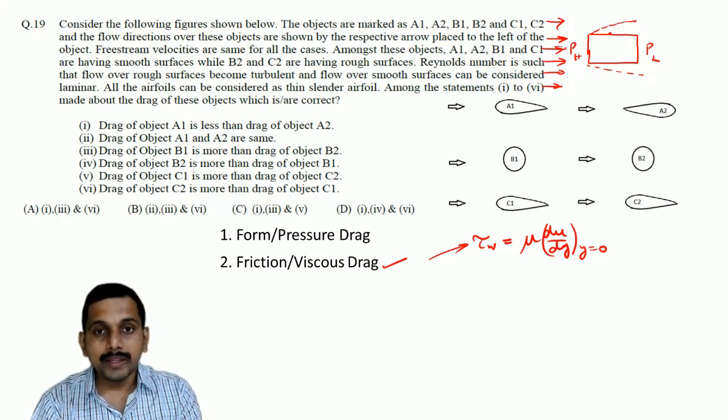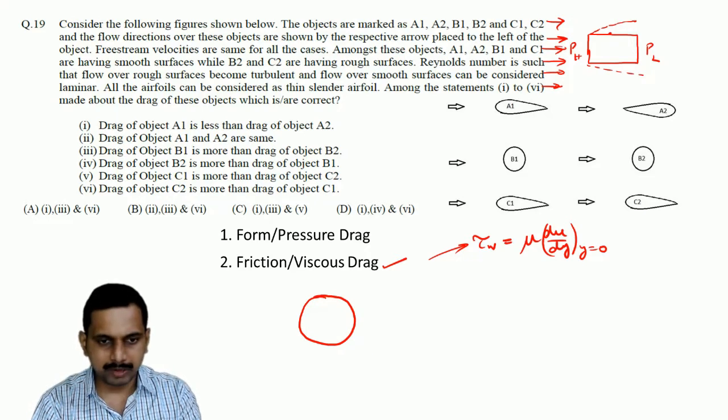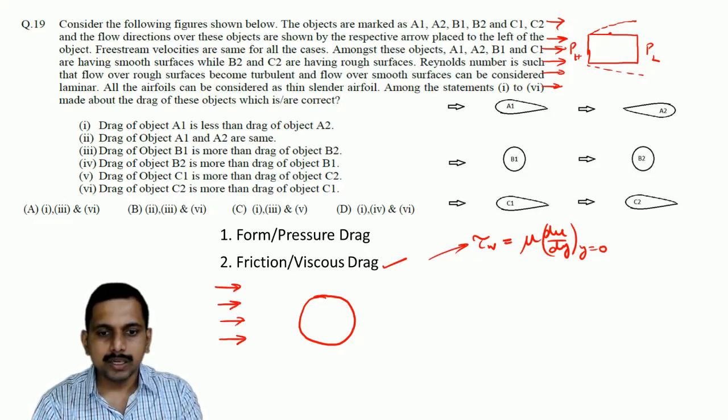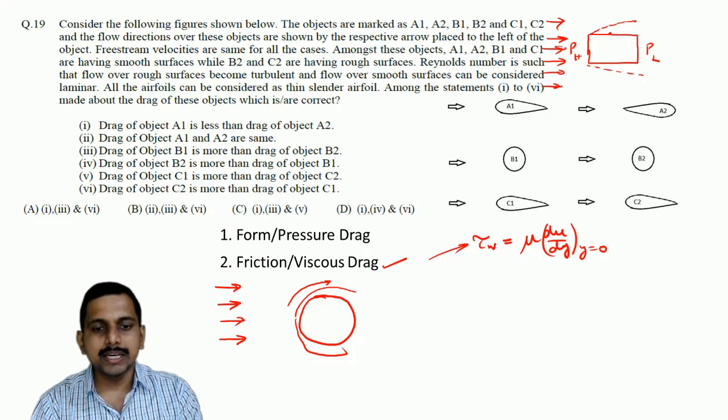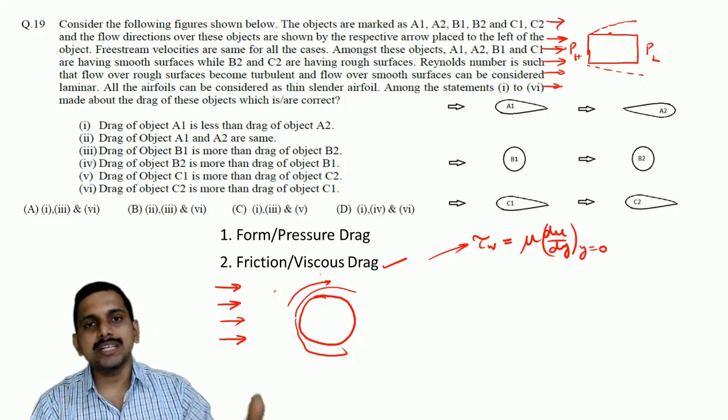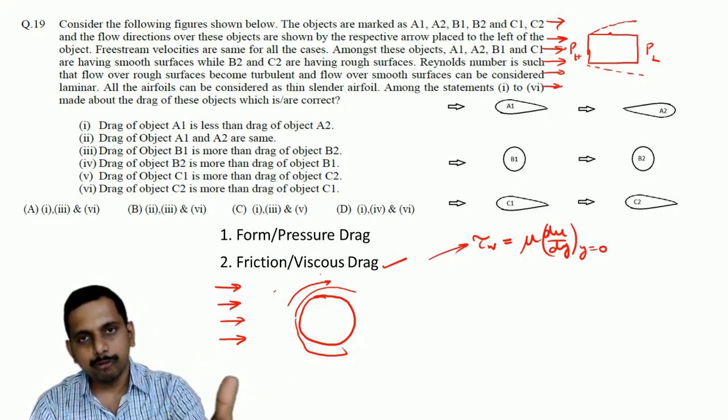Now, whether the flow is laminar or turbulent, if I have the flow coming like this, there is a formation of boundary layer over an object. When it is going from here till this point, there is a favorable pressure gradient. That means as we go from here to here, the pressure reduces, so flow can happen.